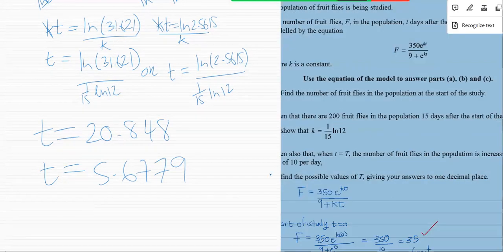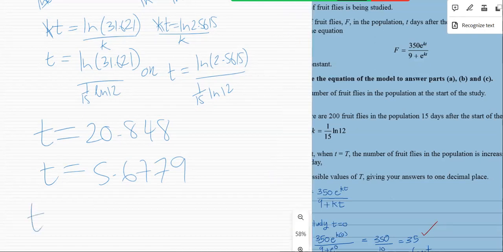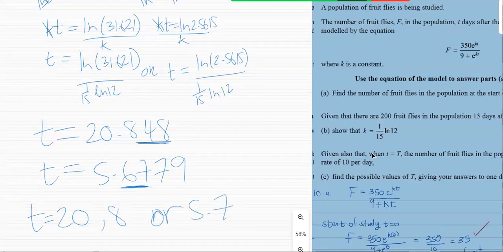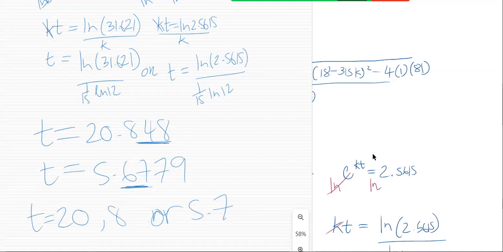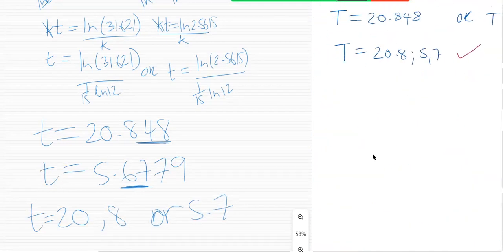So just always check. These are not 1 decimal place. You want 1 decimal place. So t is 20.8 because this one rounds down, or t is 5.7. And that is the end of this paper. Good.